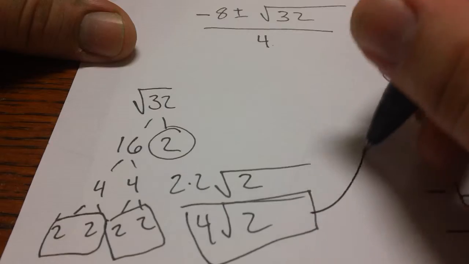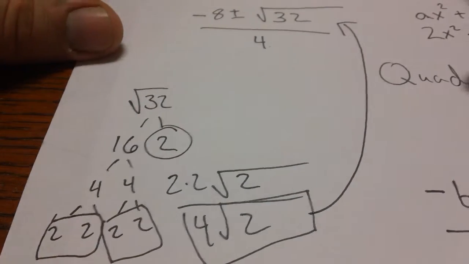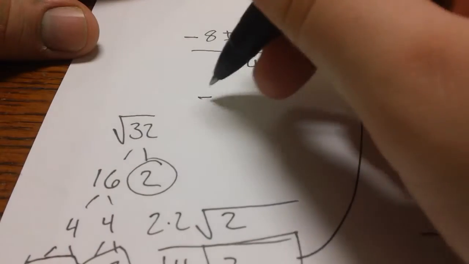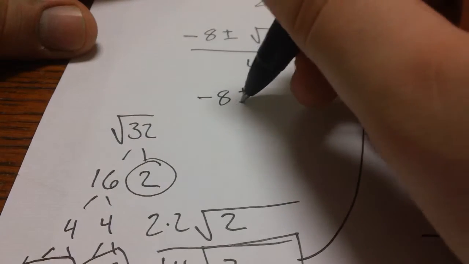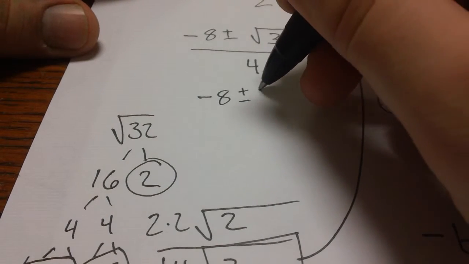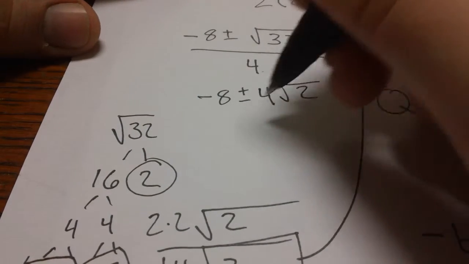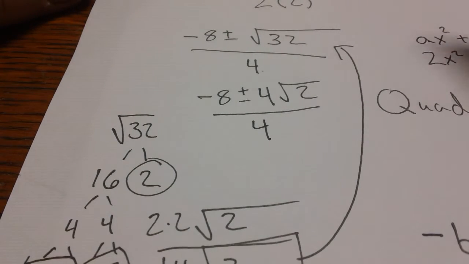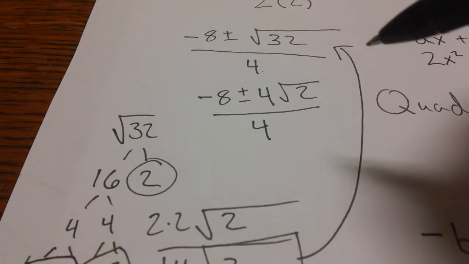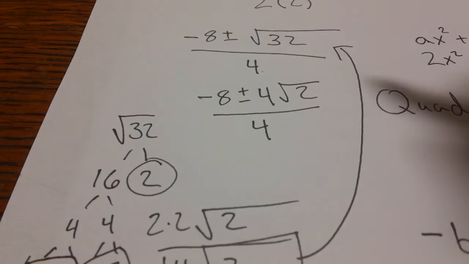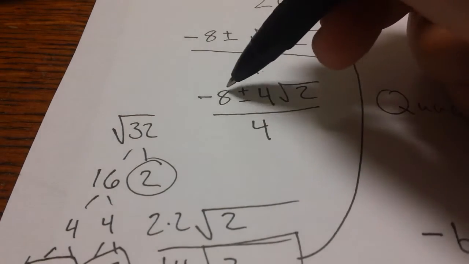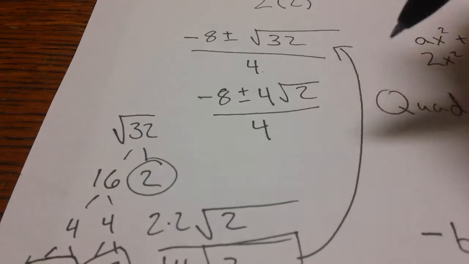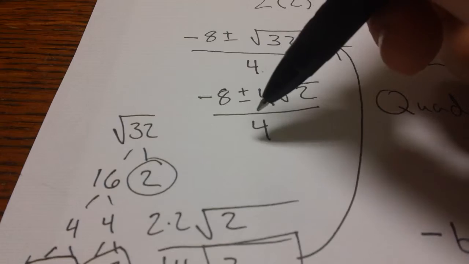Now we're going to take that and literally just put it in the place directly for that square root up there. So we're going to have -8 plus or minus 4 times the square root of 2 over 4. Now, this is nearing the last step of the equation, but the one thing left we need to do is simplify. We can always look at these coefficients, these whole numbers, and simplify them with the denominator.